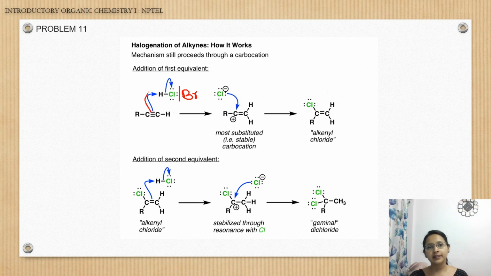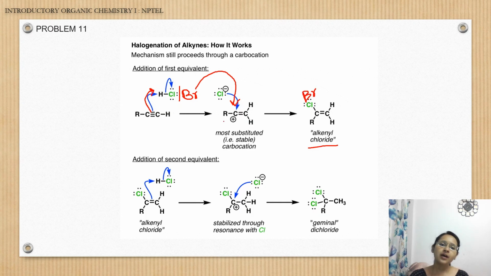Again the alkyne takes up the proton from the carbon such that the carbocation is stabilized. So here the secondary carbocation is more stabilized than the primary one. That is why the internal one is getting generated. After that, this Br minus will attach to this carbocation, and give you this alkenyl chloride, or rather, in this case, alkenyl bromide.